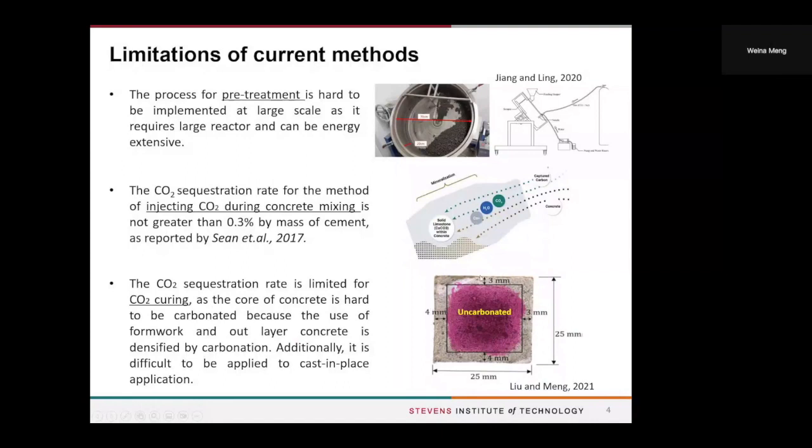Also the outer layers will be densified by the carbonation, and that will prevent the CO2 from diffusing into the core of the specimens. And this kind of curing is hard to apply to cast-in-place concrete applications, so it is normally used for precast applications.